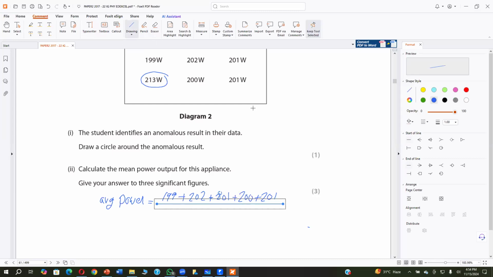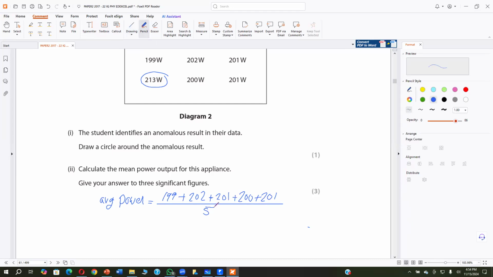I have 1, 2, 3, 4, 5. Okay, so can you find the average for me? It was 200.6, but then I rounded it to 201.